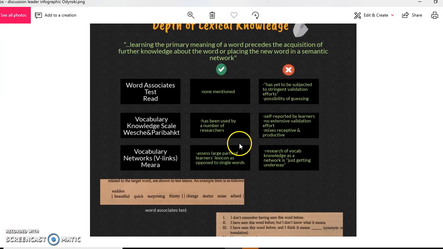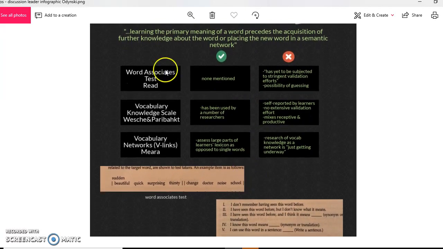So the 3 tests that they talk about for depth of lexical knowledge are the word associates test by Read, the vocabulary knowledge scale by Wesche and Paribakht, and the vocabulary networks, or the V-links by Meara. So the word associates test gives a target word and 8 options, and actually here's the example right here, 4 of them are semantically related. 2 are paradigmatically related, which basically means they are like synonyms, and 2 of them are syntagmatically related, which means they can be put together to make meaning.